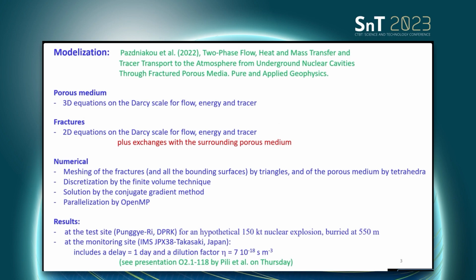One at the test site for a hypothetical explosion of 150 kilotons buried at about 550 meters. And at the monitoring site, which is supposed to be 1,000 kilometers away from the test site, it includes a delay, a travel time of 1 day, and a dilution factor, eta, which is close to 10 to the power minus 17.